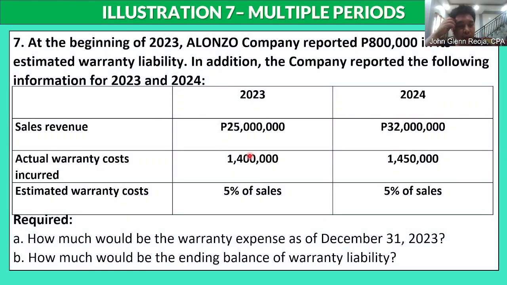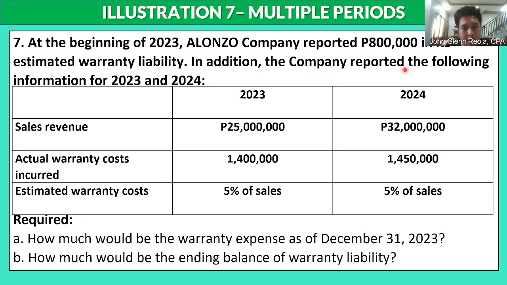Next, for a multiple periods example. How much would be the warranty expense as of December 31, 2023, and how much would be the ending balance of warranty liability? Let's consider the given. At the beginning of 2023, Alonzo Company reported 800,000 in its estimated warranty liability.